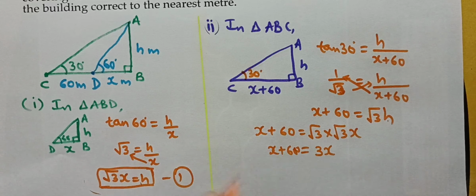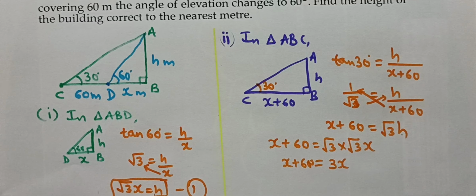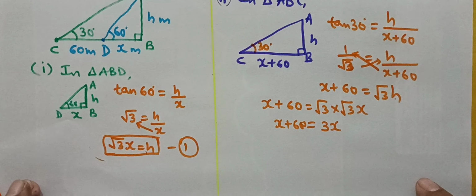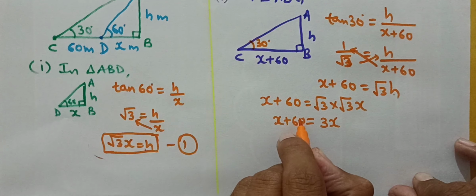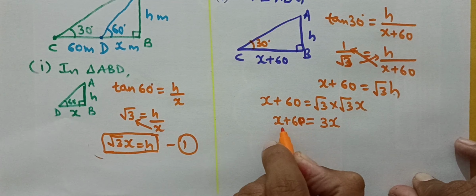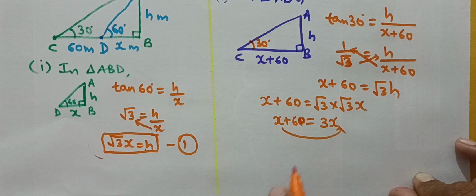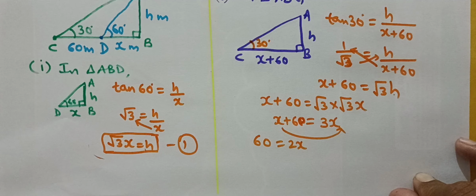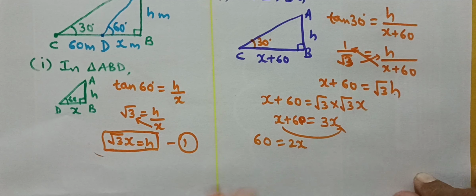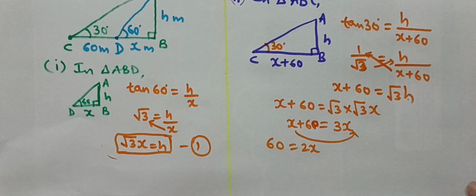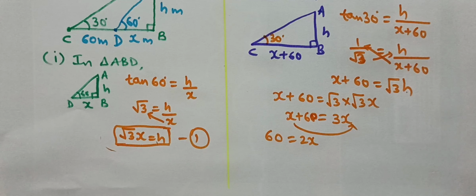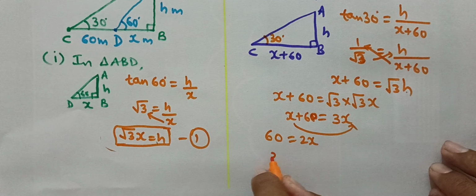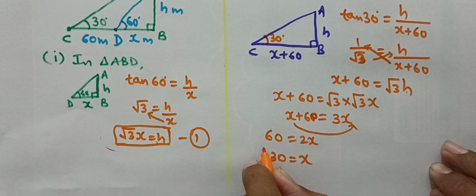Then after, simply shift x on the right hand side. So 60 equal to 3x minus x, it means 2x. And then 3x minus x, 2x, then after shift 2 in denominator, so 60 upon 2, 30 equal to x.